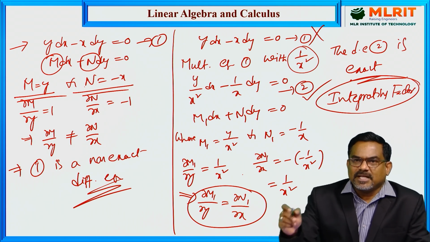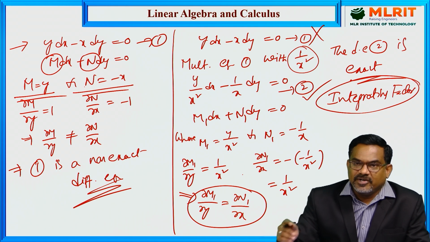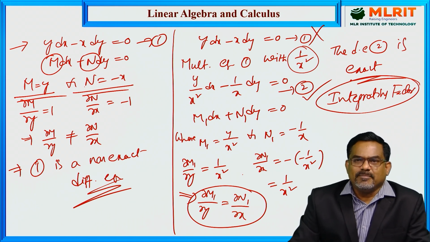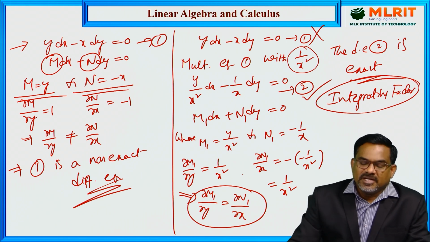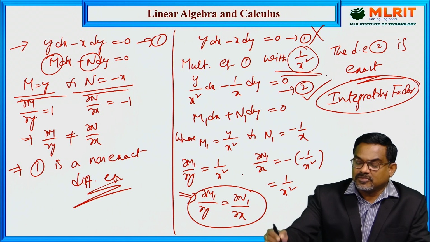Just multiply the non-exact differential equation with this integrating factor that reduces it to exact form. So a non-exact differential equation can be reduced to an exact differential equation form by multiplying with a factor which is called the integrating factor. Of course, here I told you to multiply with 1 by x square.